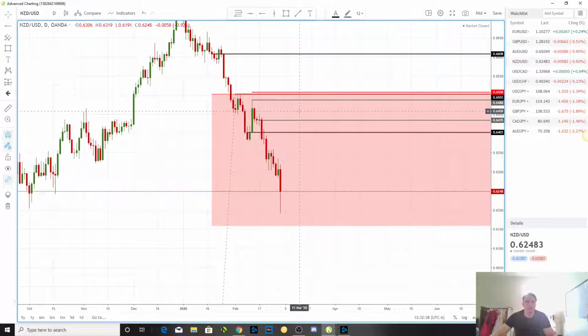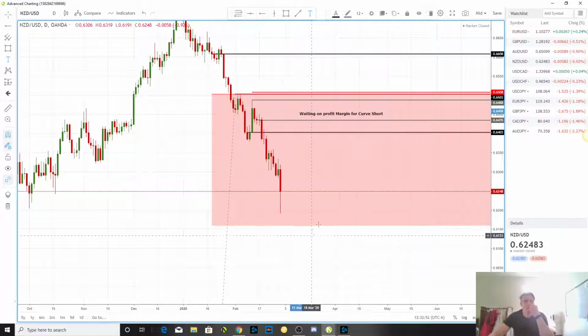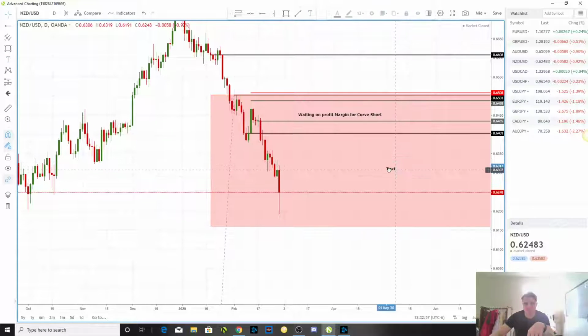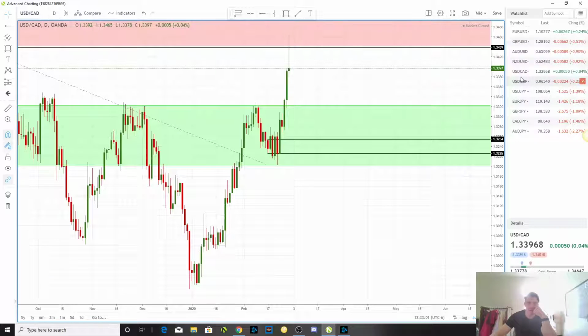There we go. Alright, so that's what we're looking at right there on the New Zealand dollar.